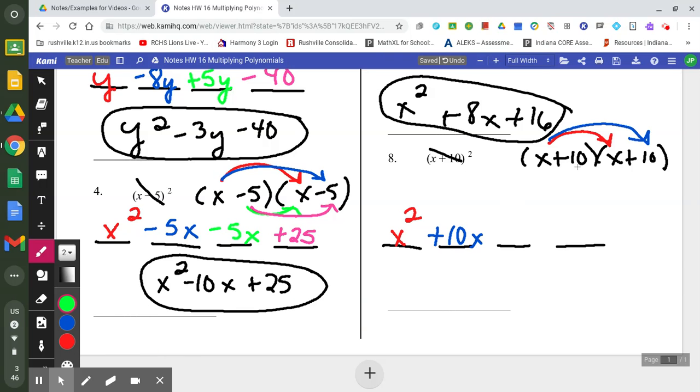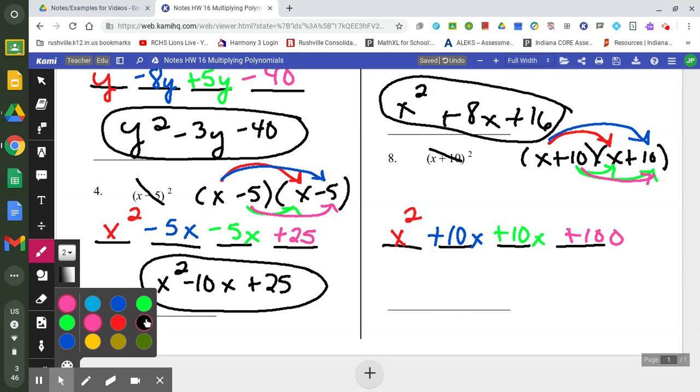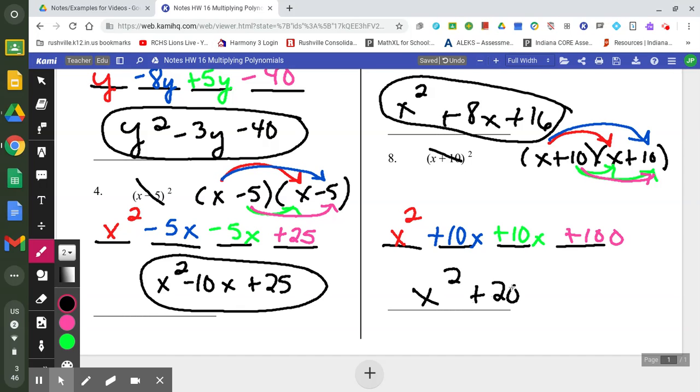Inside terms, 10 times x, plus 10x. And last terms, 10 times 10 is plus 100. So my middle terms are alike. So x squared plus 20x plus 100.